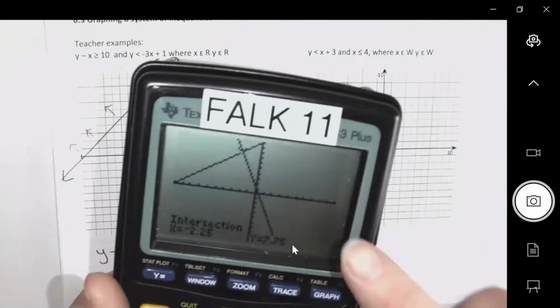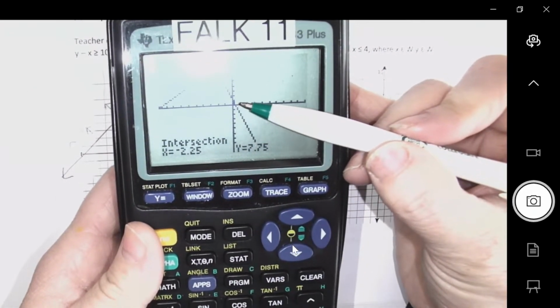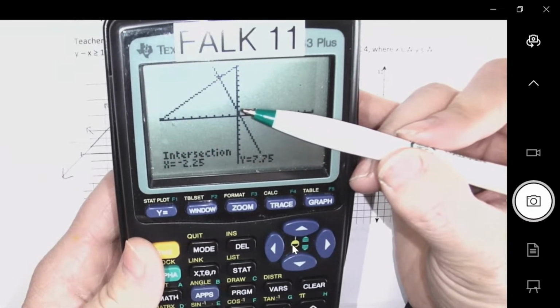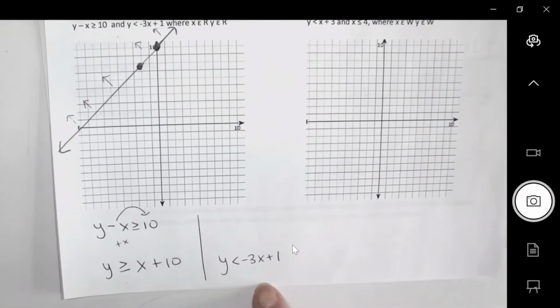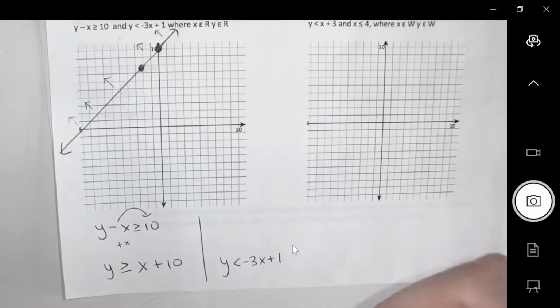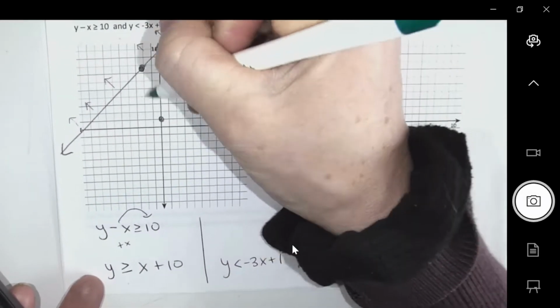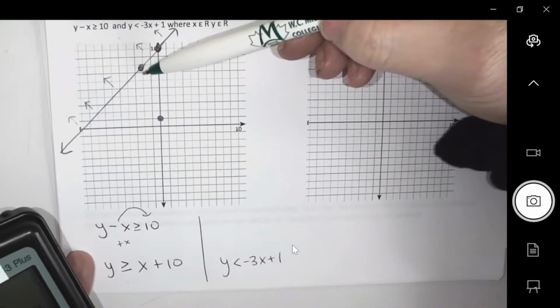Okay, let's draw this line. Does anybody know this point right there on this axis by looking at the equation? It should be 1, right? So I'm going to be graphing that line that goes through these 2 points.